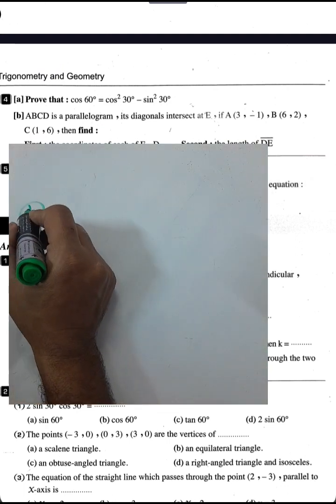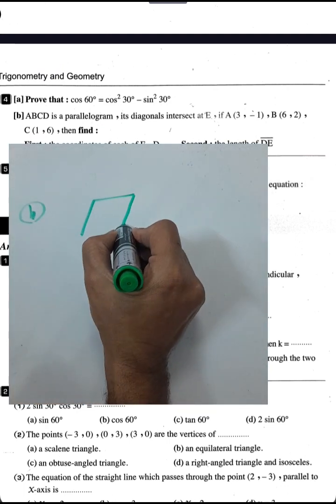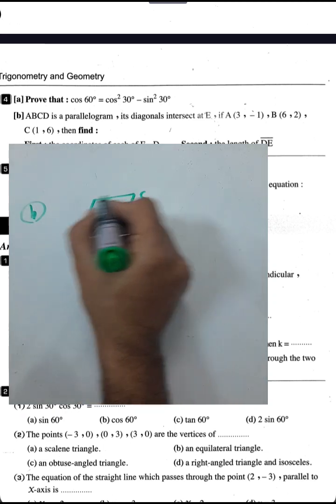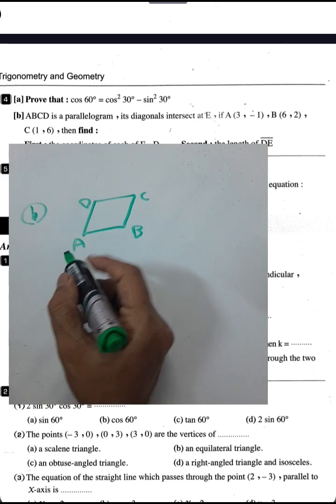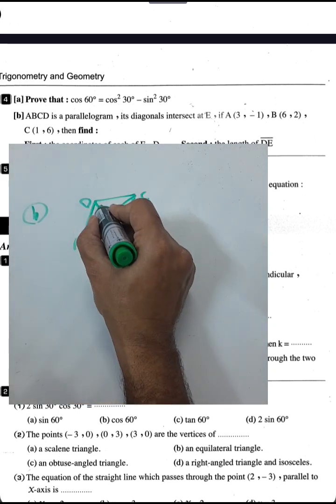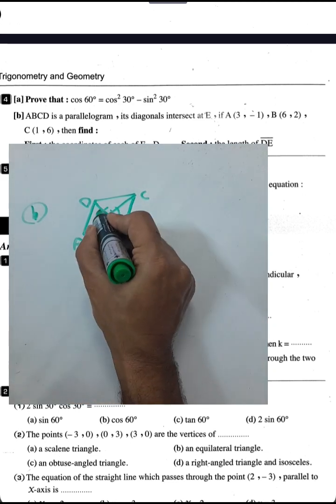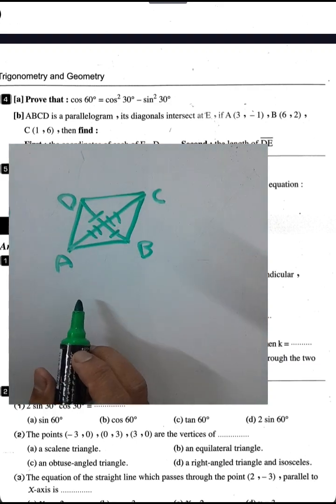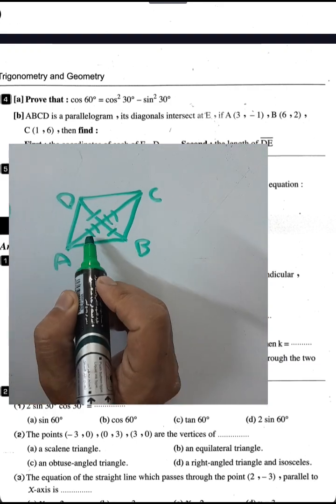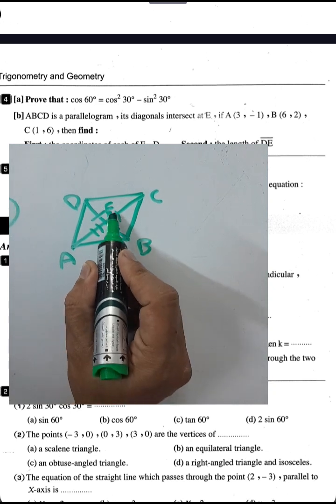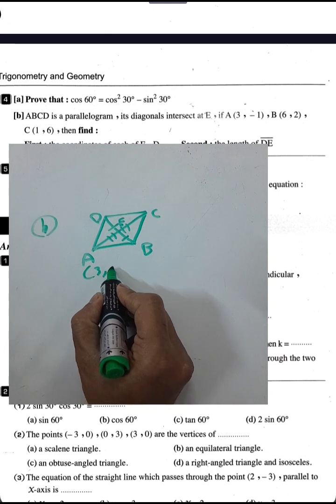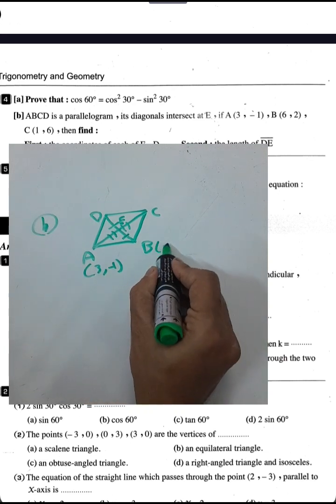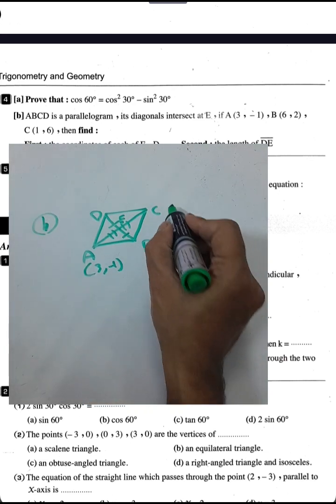Next example, letter B, A, B, C, D parallelogram. Okay, and E is a midpoint of the two diagonals. We know in any parallelogram, the two diagonals bisect each other. Then we have here point E. He gives us the coordinates of A as 3 and negative 1, B as 6 and 2, and C as 1 and 6.